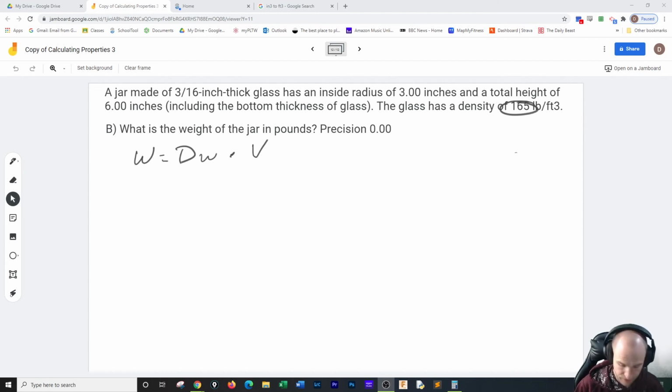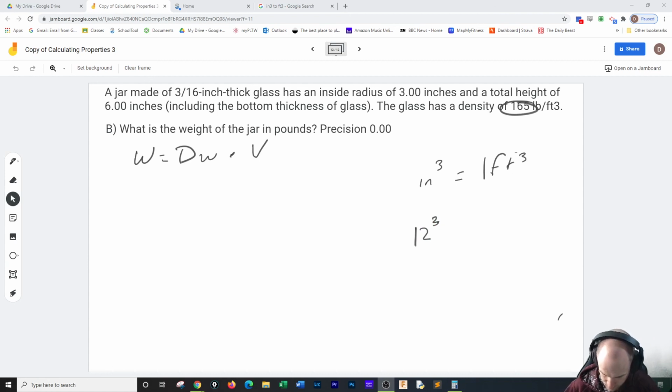So for every 1 foot cubed, that is equal to how many inches cubed? How many inches are in a foot? 12. So 12 cubed will give us our conversion factor here.